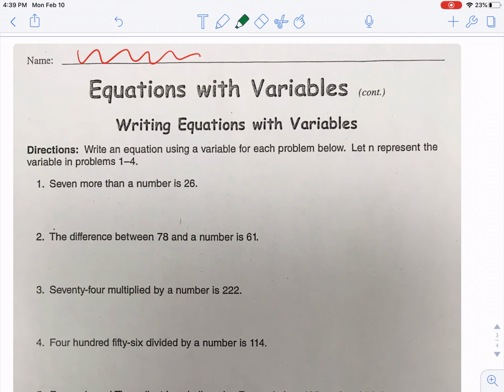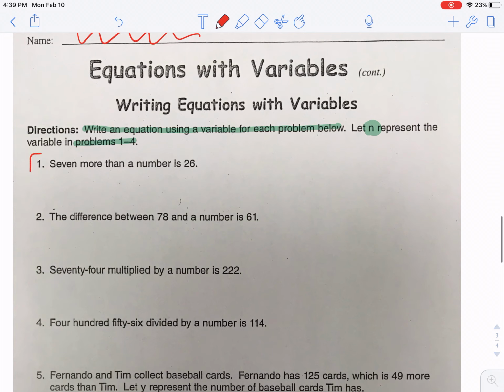So the directions say to write an equation using a variable for each problem below. Let n represent the variable in problems 1 through 4. So 1 through 4, my variable is going to be n.